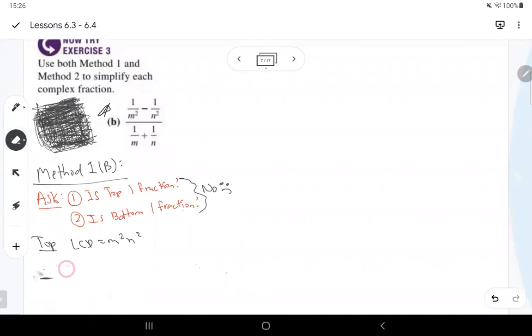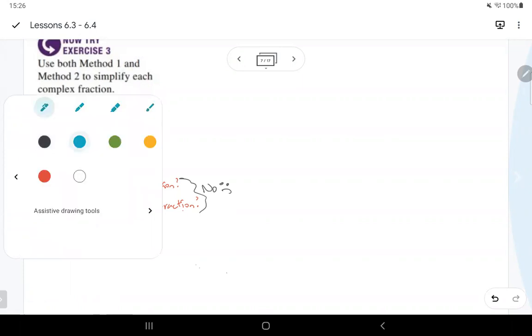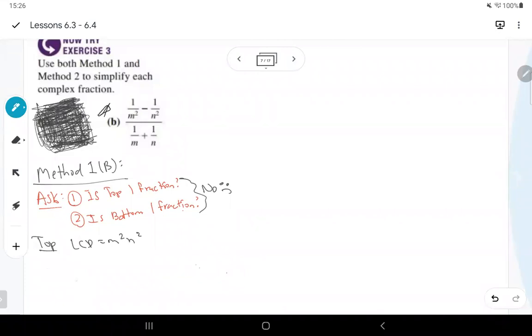You have to ask yourself, what does the first fraction need? It needs an n squared. So we have 1 on top, m squared on the bottom. So you need an n squared on the top and bottom.